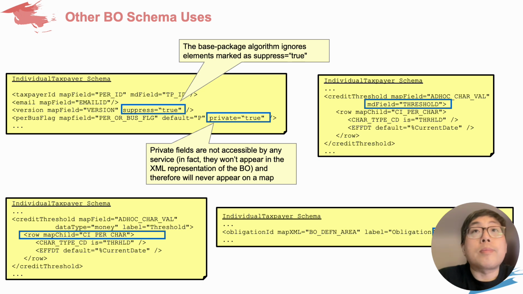Then there's an obligation ID, basically mapped to the XML, which is in the club data area, and then it has a label. Now this label can be used similar to the MD field: if we use Aura label, then this will be shown in the UI.